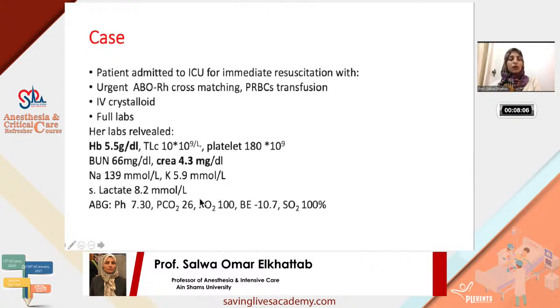Her renal functions were high, BUN 66, and creatinine 4.3 milligram per deciliter. Electrolytes were okay, and her blood gases showed metabolic acidosis with pH 7.3, CO2 26, oxygenation okay, base excess of minus 10.7, and her serum lactate was 8.2.